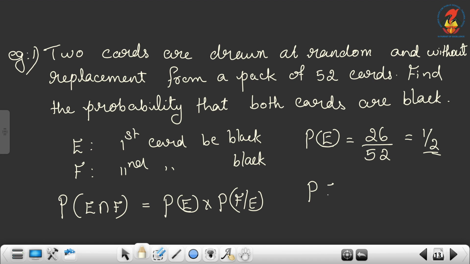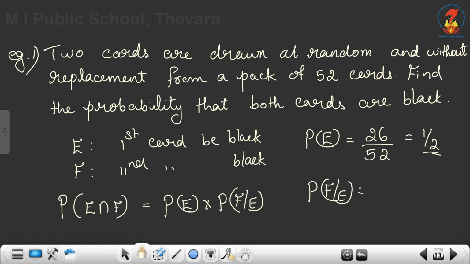Now what is F given E? F given E means after E has occurred, F happens. This is conditional probability. We already took one black card. Now what is the probability that the second card is also black? In the pack, how many cards are there?